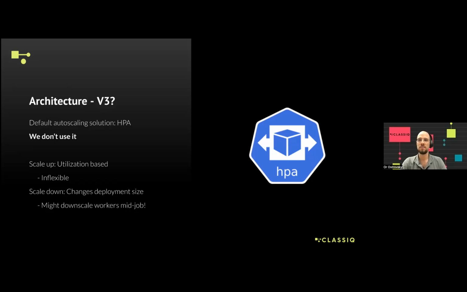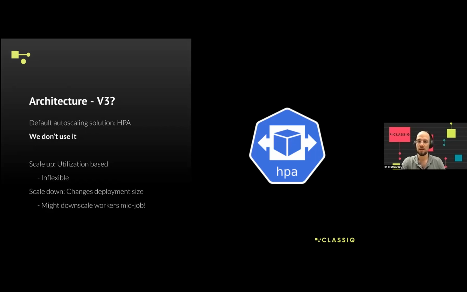And if it terminates a pod that is currently mid-job, again, we're back to the scenario of losing progress, which we definitely don't want. We want the ability to choose which pods we scale down. We don't want to scale down arbitrary pods because that way we lose progress for our users.